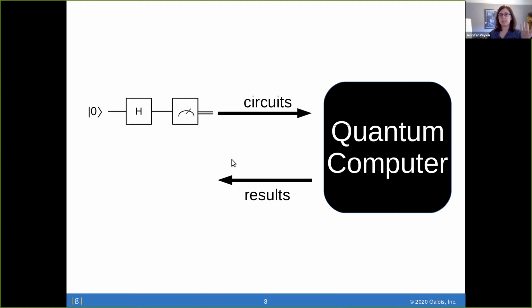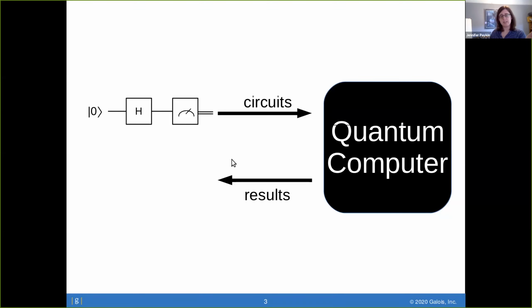A circuit is a little diagram like this. We can think of it as instructions of how to apply gates, or certain operations, to wires, which consist of qubits or bits. Here, the single line represents a qubit.